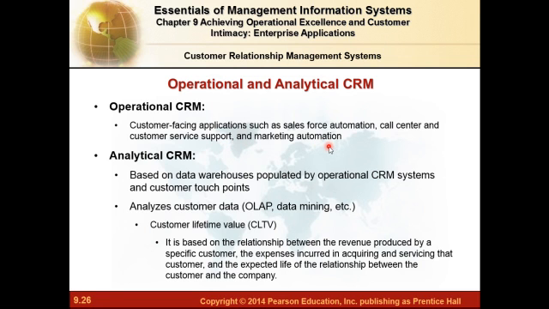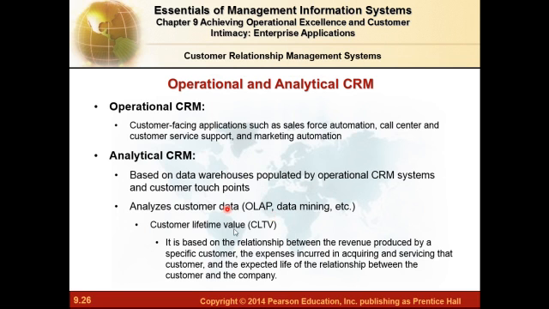Analytical CRM helps to improve business performance, based on data warehouses populated by operational CRM systems and customer touch points. It analyzes the customer data by using OLAP, data mining, etc., that we already covered in the database chapter.